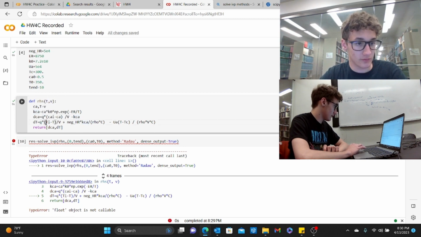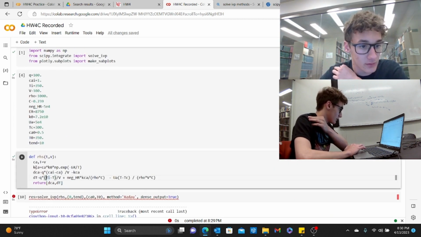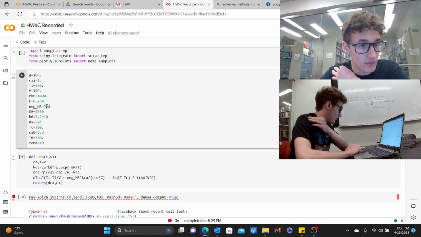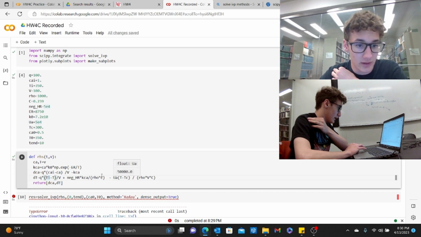So we have Q times TI. I don't see anything that's a float up here. So it's a variable. Okay, I've got rho, I've got volume, I've got C. Just go through each thing and make sure it's not a silly variable. UA, that's good. Good.